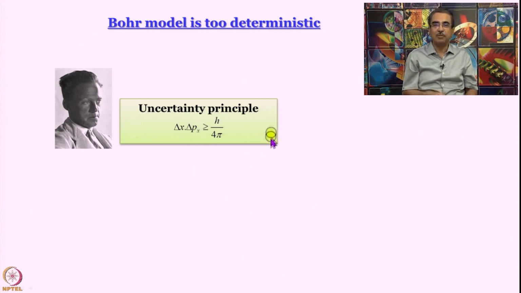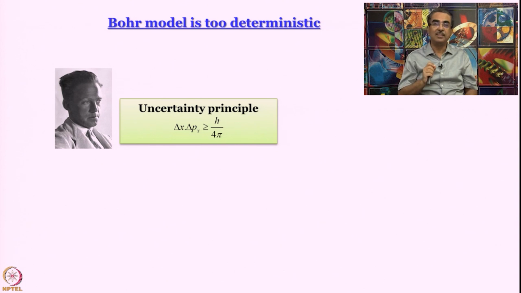Heisenberg showed that for atomic particles, subatomic particles, this kind of uncertainty holds: uncertainty in position multiplied by uncertainty in momentum has to be greater than or equal to h by 4 pi. So, you cannot determine the position and momentum accurately like what Bohr model tries to do. So, Bohr model is too deterministic in nature.